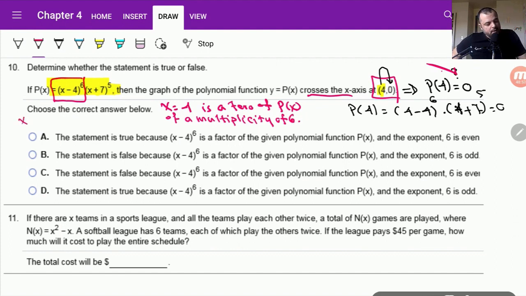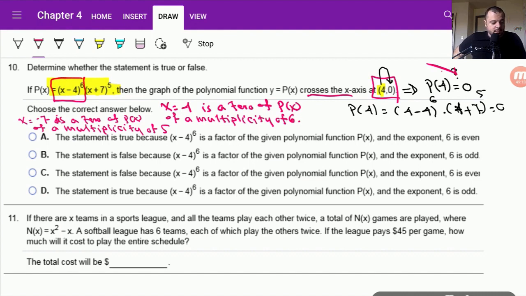The second 0, x equals -7, is a 0 of p of x of multiplicity 5, correct?